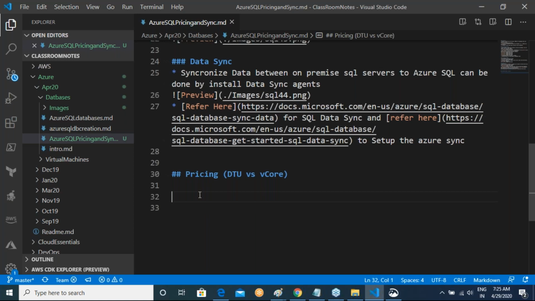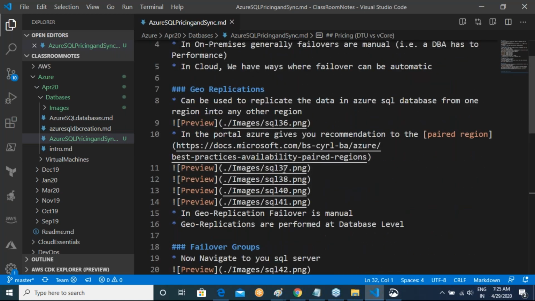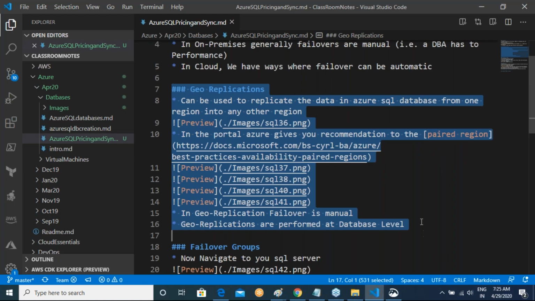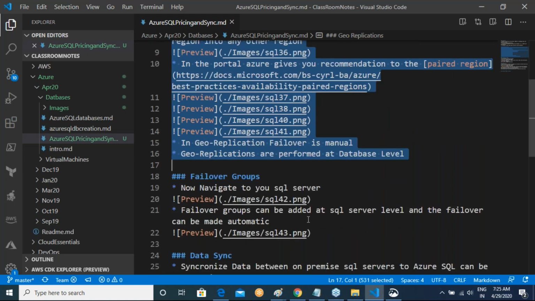about pricing. Am I clear so far? We have three ways to synchronize data. Geo replication is data synchronization only between Azure and Azure. Failover groups are also between Azure and Azure.